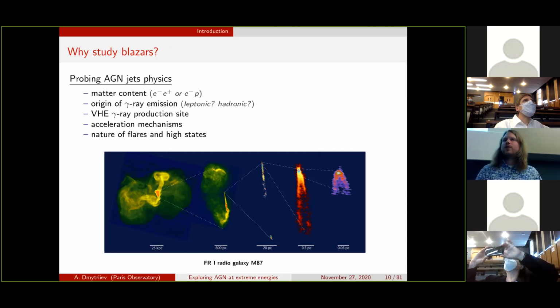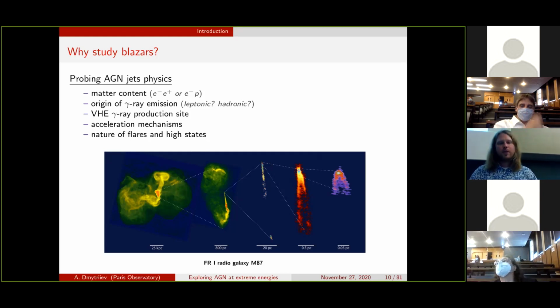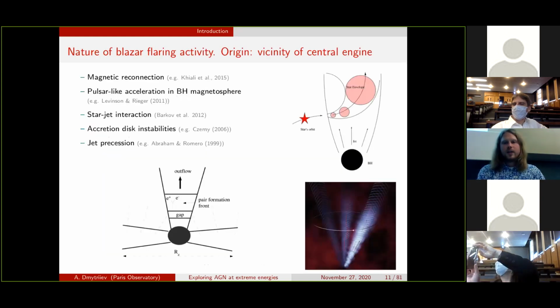These are really extreme and spectacular phenomena, and we want to understand their physics better. So the matter content, leptonic or hadronic composition, then the precise location and geometry of the very high energy gamma ray production site, different acceleration mechanisms operating in jets, and as I mentioned, the nature of flares.